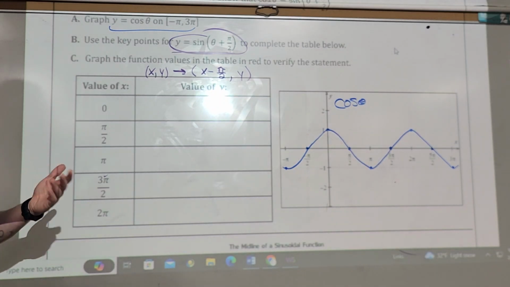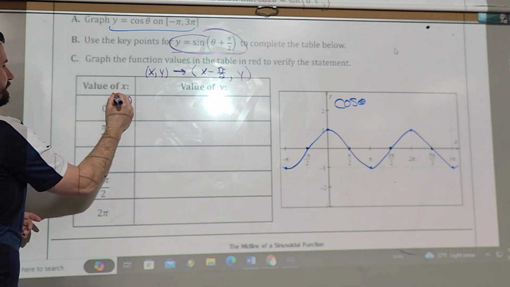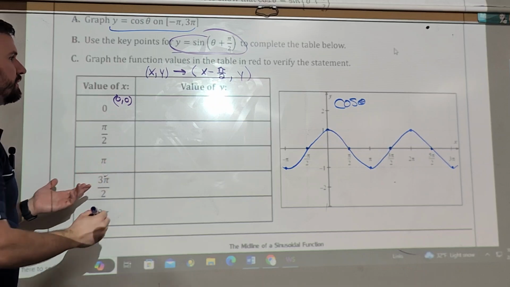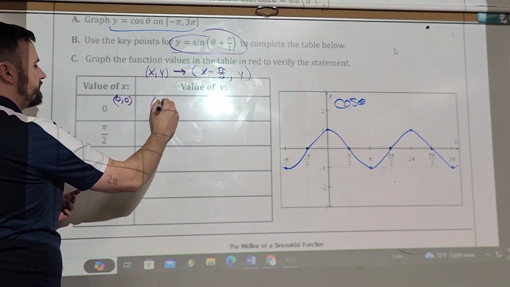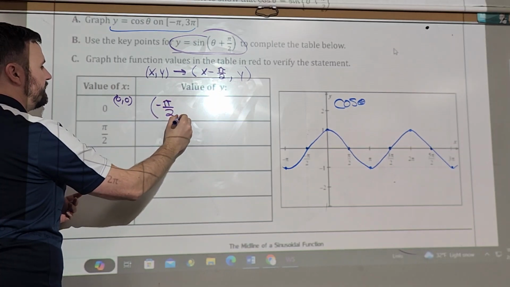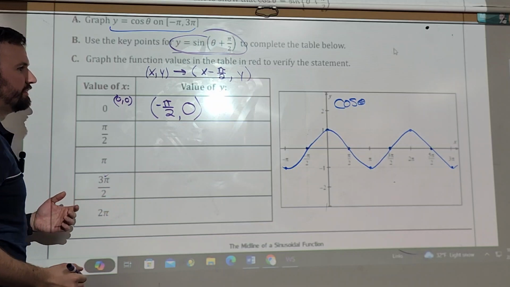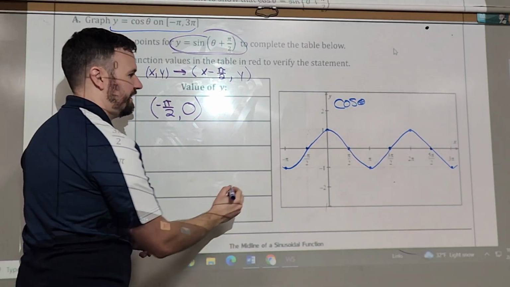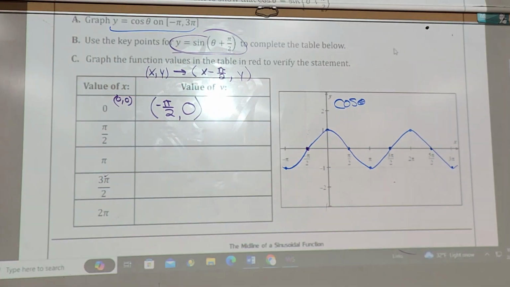Now we're graphing sine. Remember, sine starts at 0, 0. So where's 0, 0 going to go for sine? What's 0 minus pi over 2? Negative pi over 2. And what's 0 times anything? Watch this. Now I'm graphing sine of that. Where's my first point? Right there.